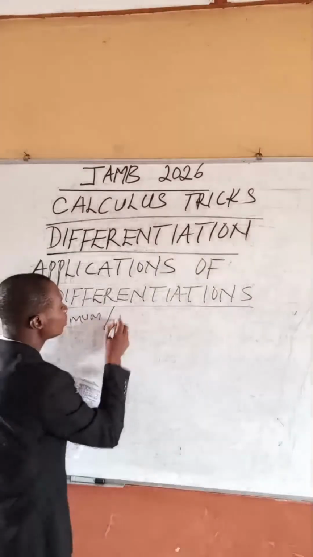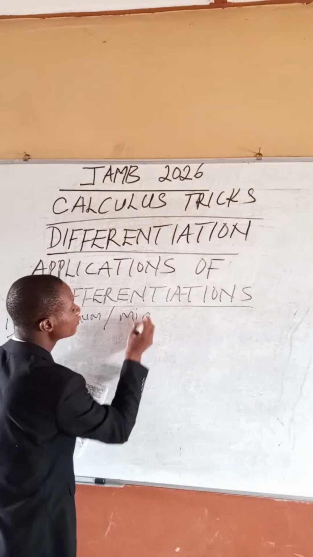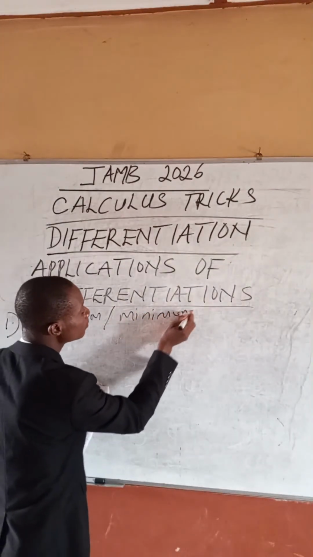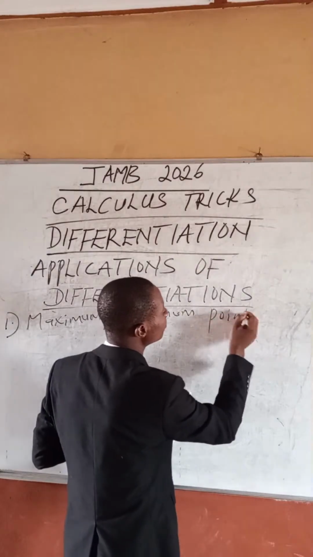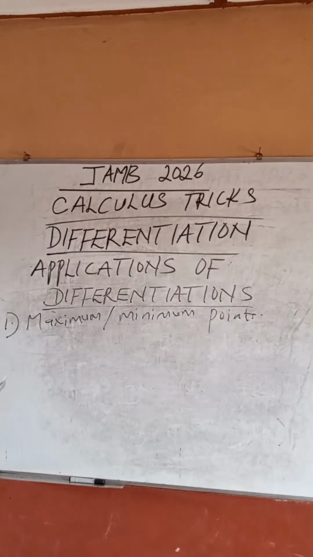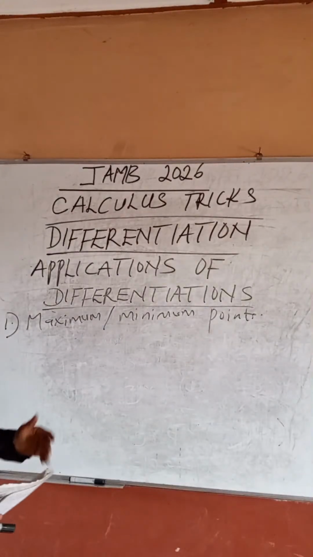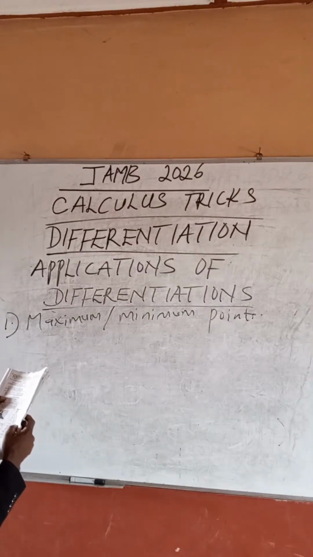Maximum slash minimum point. That's number one. Then number two is gradient.